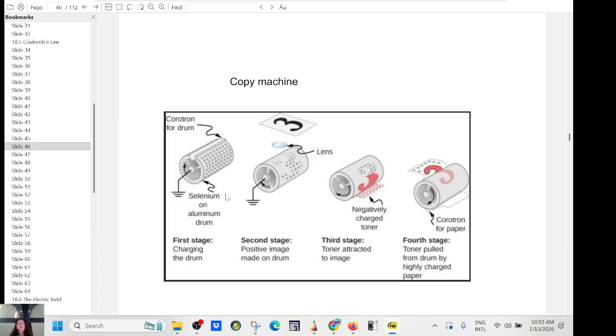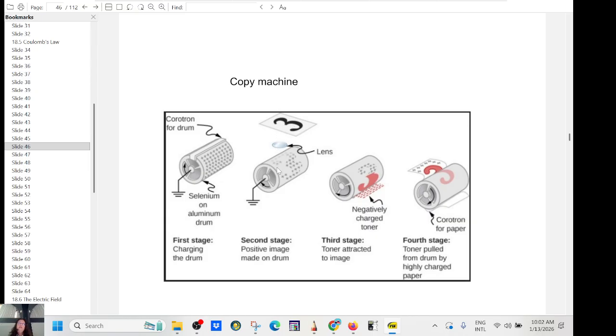Another application, we already talked about that. You have a drum, you have a spark, like a discharge, corona discharge. That's going to be positively charged. This is made of semiconductor, and with semiconductor, you can kick out charges with light. That's what you are doing here.